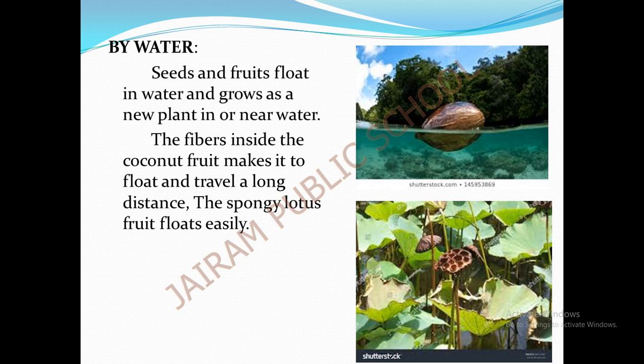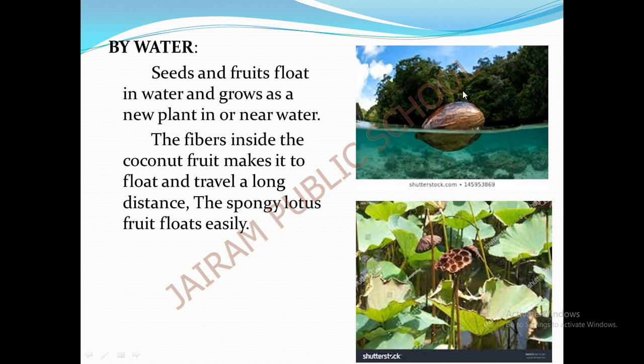The air trapped between the fibers makes it light, which enables it to float on water and travel a long distance. So this coconut is surrounded by a thick outer layer, with a lot of fibers and air in it. That air and the fibers help the coconut float from one place to another.